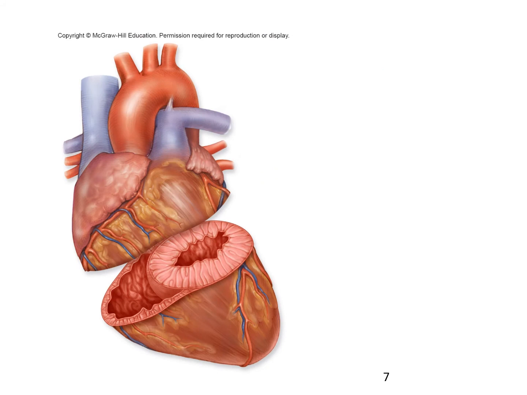Okay, so let's move into some gross anatomy of the heart. We think about the heart as having a left side and a right side. Each side has a superior chamber called an atrium, inferior chamber called a ventricle. What we're getting at with this particular picture right now is just that the myocardium, and so this is the left ventricle. That's the myocardium of the left ventricle. Here's the myocardium of the right ventricle.